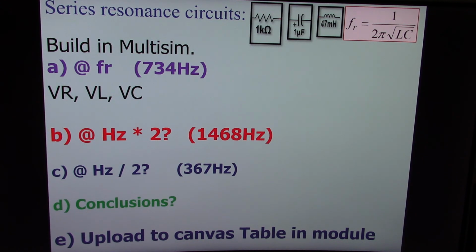It just asks what is the voltage across each of these devices and your conclusions. For this particular one, I have already calculated the frequency to be 734. The others you'll have to calculate the frequency. Alright, so I'm going to stop here and we'll go to building the circuit.